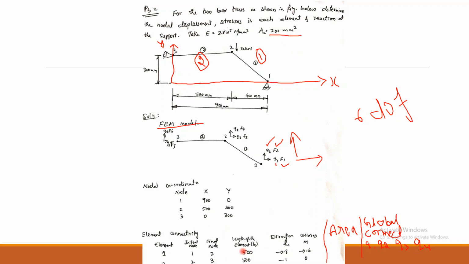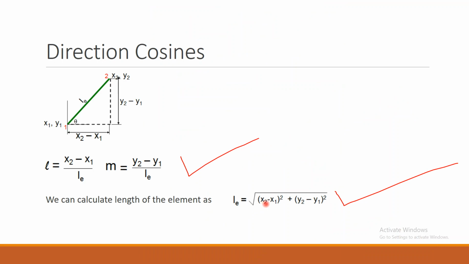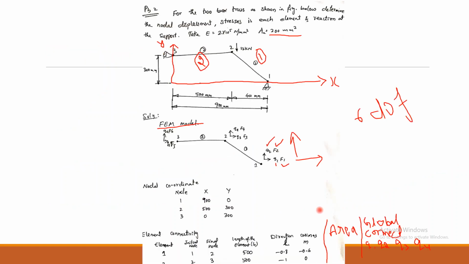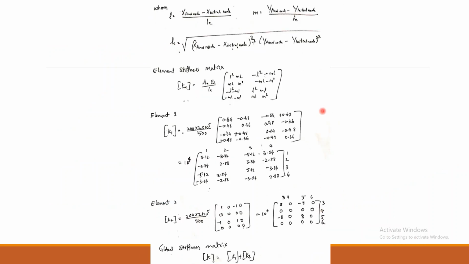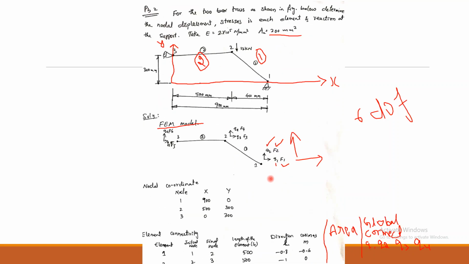So how to calculate the length of the element? By using our previous relations that we have seen. Always take 2 as x final and 1 as initial, y final and y initial. Let's take the example of element 1.